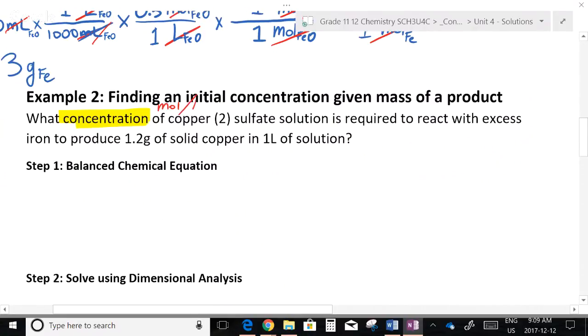In moles per liter, you need to know how many moles you have and how many liters you have. Do we know either of those things yet? We know how many liters we have. So all you need to find to answer this question is how many moles. So really what you're trying to find is moles of copper 2 sulfate. Does that make sense?